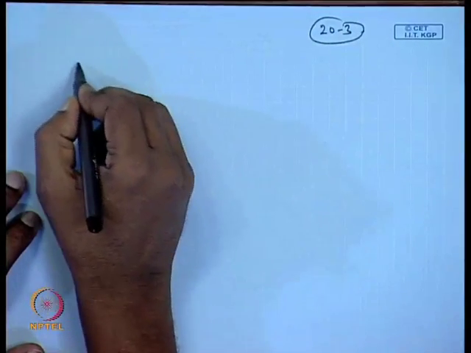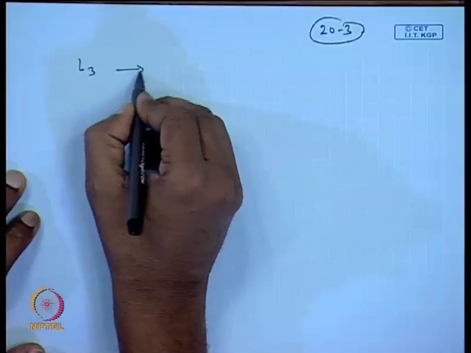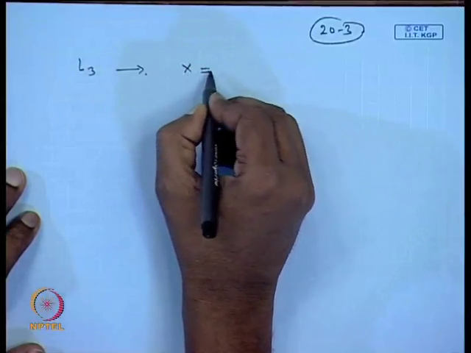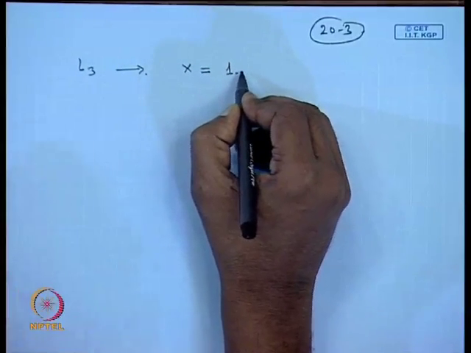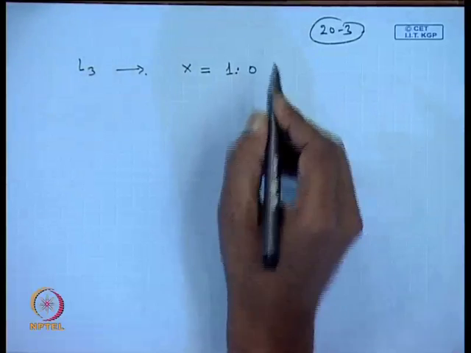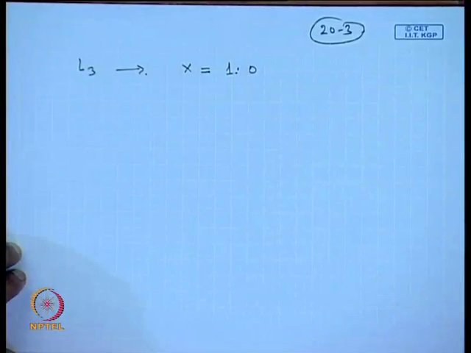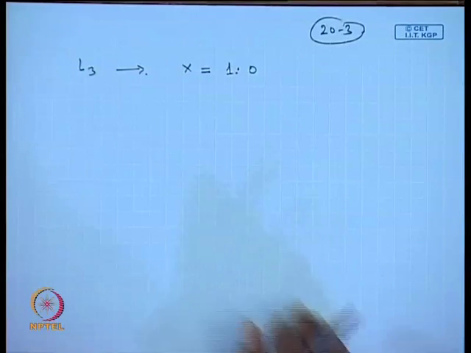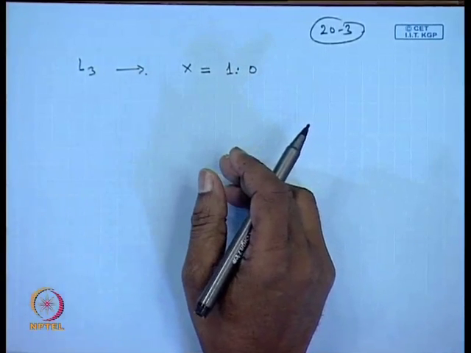Okay. So, for the L3 point, once you solve, you get x is equal to 1.0. And what is the point x? Point x we have indicated earlier.